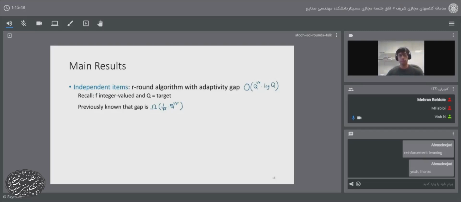And it was known previously that the adaptivity gap has to be at least q to the 1 over r divided by some polynomial in r. So at least when r is a small constant like 4 or 5, which is most useful in practice, the upper bound that we prove is almost matching with the lower bound that was already known up to this extra factor of log q.